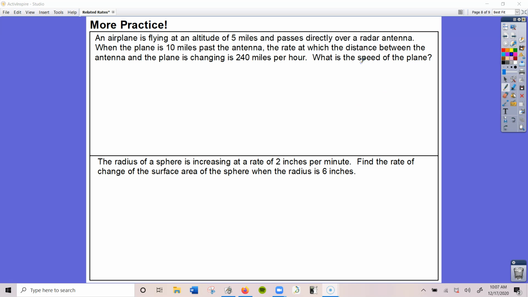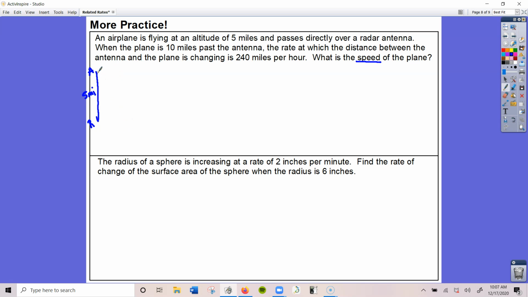Now, whenever you see this, the speed of something in terms of related rates, this is the rate at which the distance of the plane is changing. So I'm going to draw a diagram here to kind of give you a visual. I'm going to call this my airplane. And this is the radar antenna, because remember it starts right above, and it's at an altitude of 5 miles.